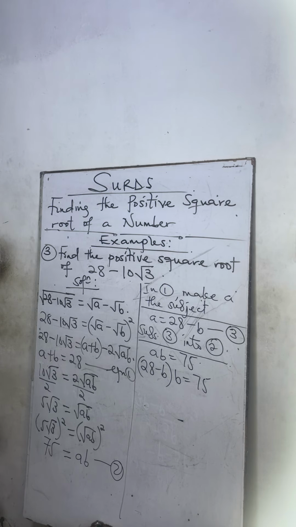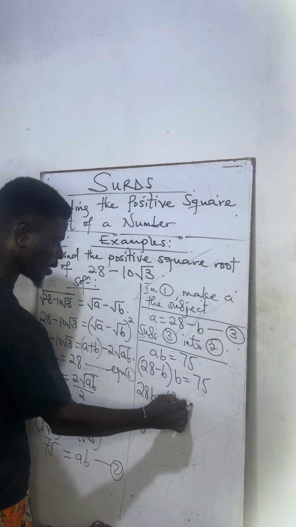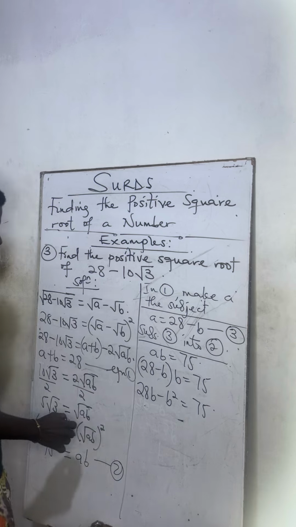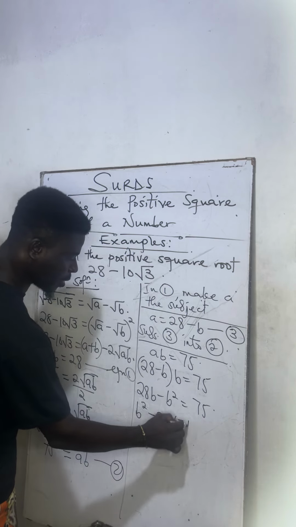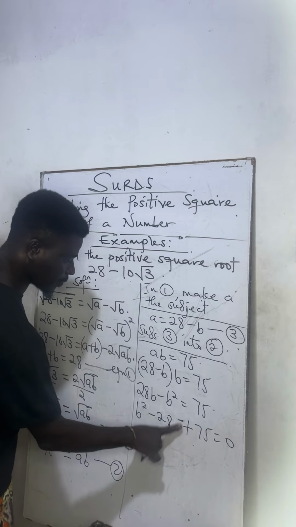We multiply using the distributive property. So it will be 28B minus B squared equals 75. We send these two terms to the right hand side. We have B squared minus 28B plus 75 equals 0.